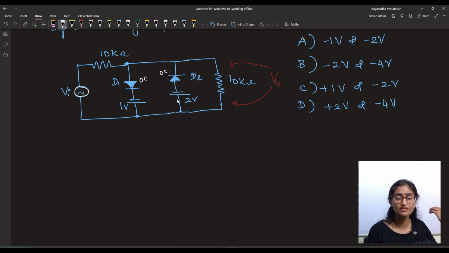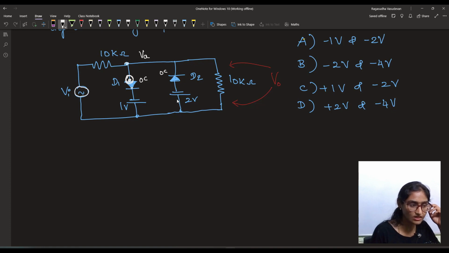When will that happen? When both of them are in reverse bias, meaning that the P side potential should be less than minus 1 volt. Okay, so let me denote this voltage to be VA. This is also VA, this is also VA, and this is also VA, because all three are in parallel paths.